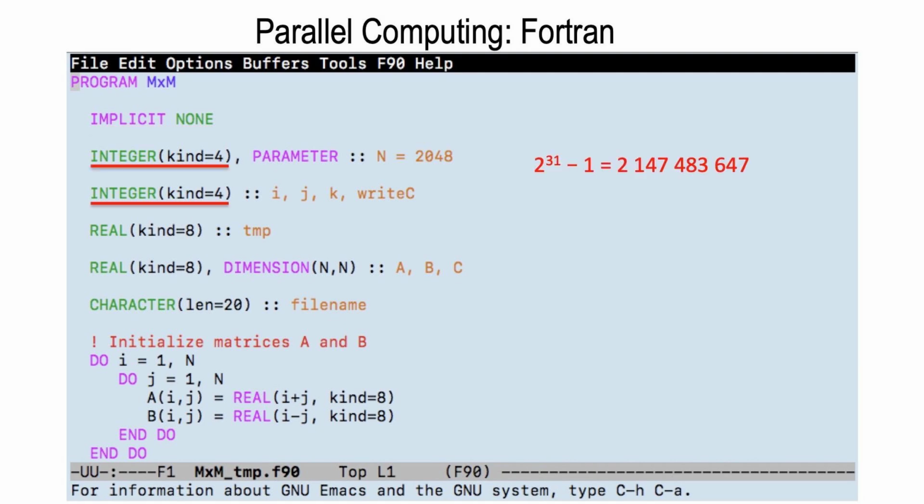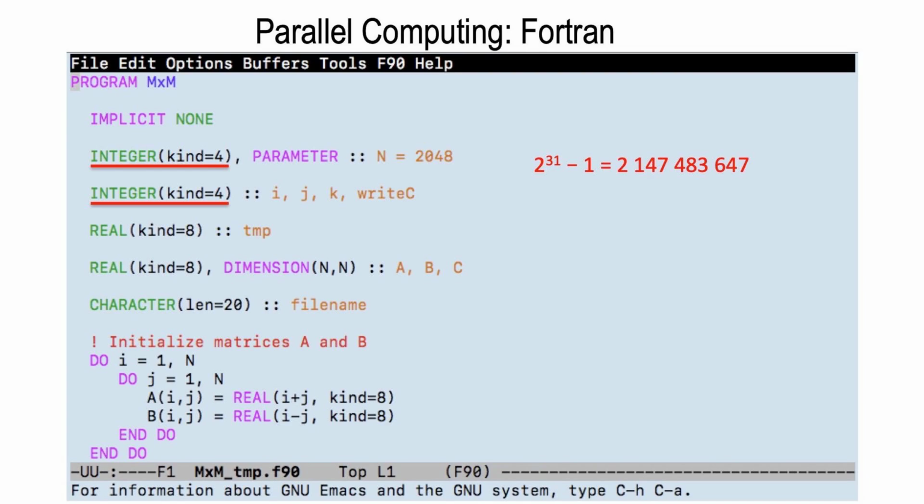I'm using the declaration instruction integer, kind equal to 4, indicating a 32-bit integer. In this context, the maximum value for a 32-bit integer is 2 raised to the power of 31 minus 1, which equals 2,147,483,647.